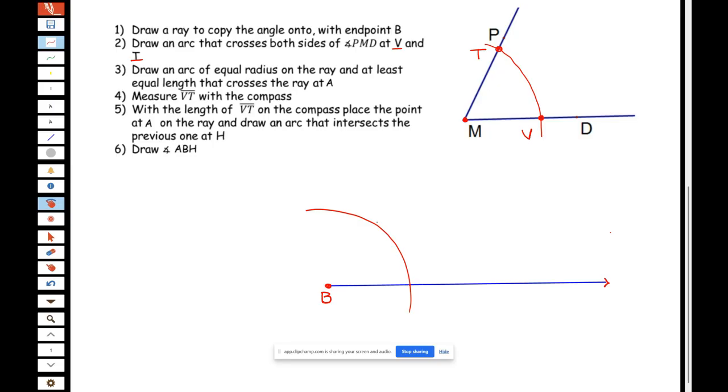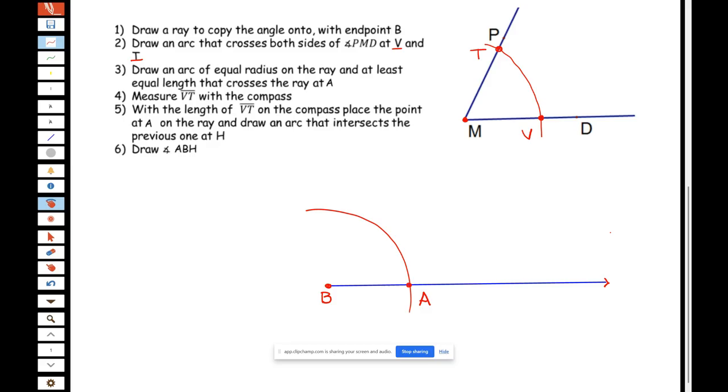All right, so this arc here and this arc here were both made with MV, that compass opening. Draw an arc of equal radius on the ray, and we're going to name that point A over here that it crosses at. So MV and BA are the same.